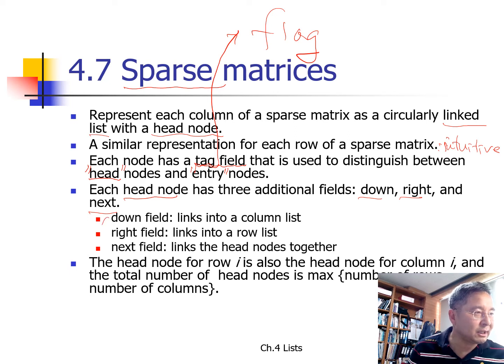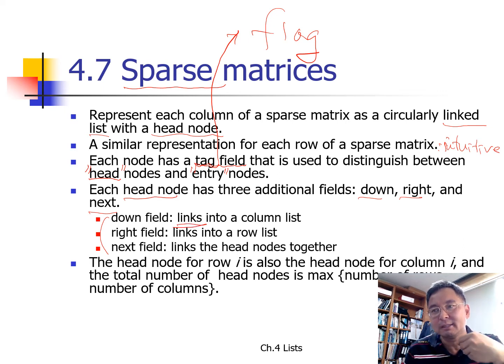All of these 3 additional fields are link fields, which point to the address of the next or another node. There is a header node for each row I, and also a header node for column I. It's very confusing, but I can explain it in the next slide.